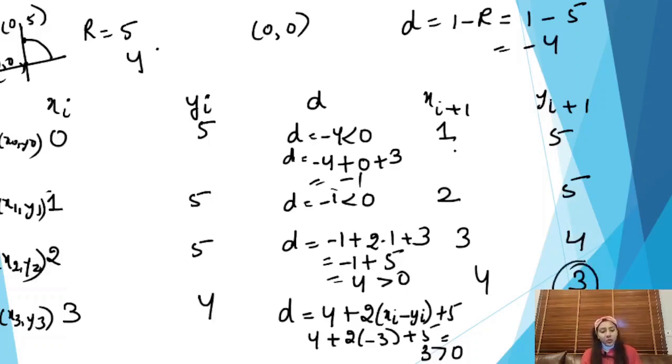So these are the 4 points that we have plotted: (0, 5), (1, 5), (2, 5), (3, 4). Now let's see how we will calculate the pixel values in other octants or quadrants using the point of symmetry. So let's plot our circle. We are given that the radius of the circle is 5.